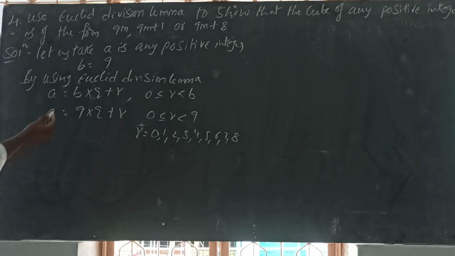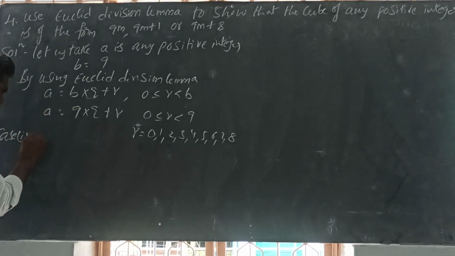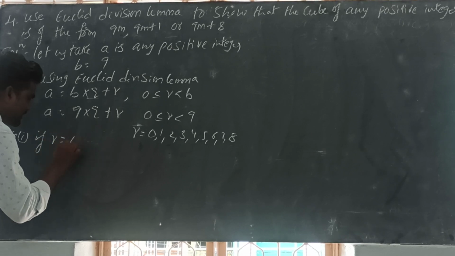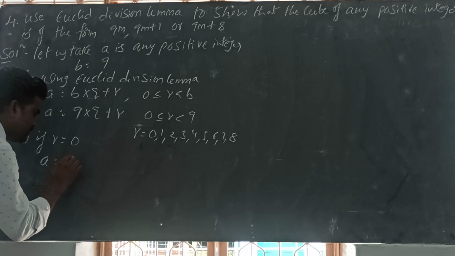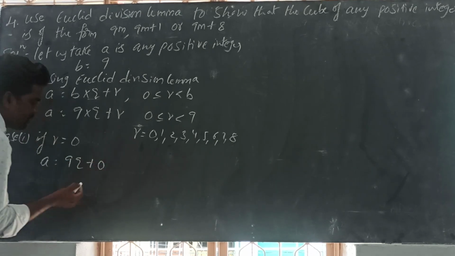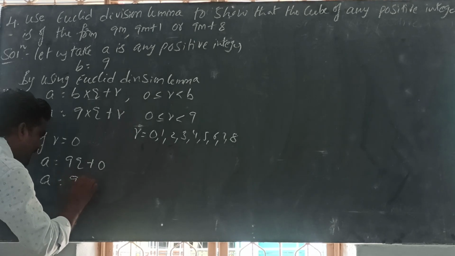Okay. So now take case 1. The remainder is equal to 0. So then a is equal to 9q plus 0. 0 added to anything is the same. a is equal to 9q.